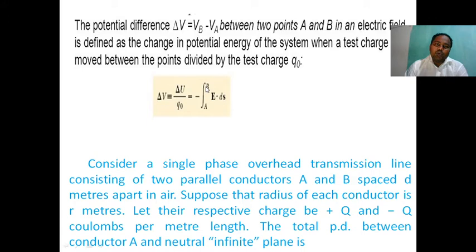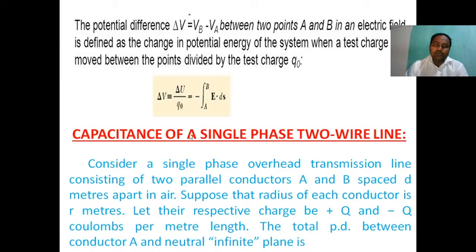These are the two points in a plane. Potential difference always opposes the electric field intensity. Electric field intensity E is equal to rho L by 2 pi epsilon naught into R, or Q by 2 pi epsilon naught into R, where Q is the charge, epsilon naught is the absolute permittivity, and R is the radius.